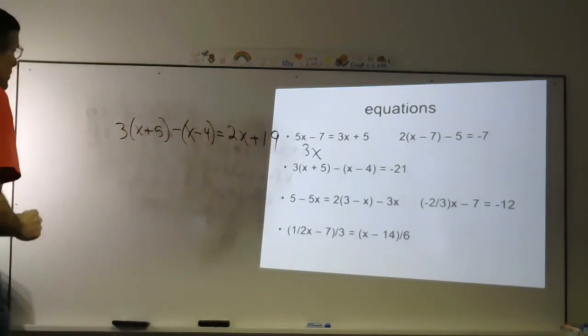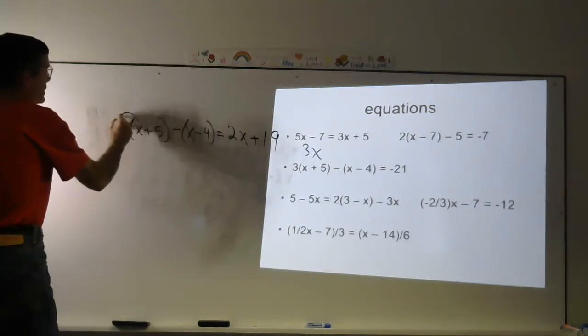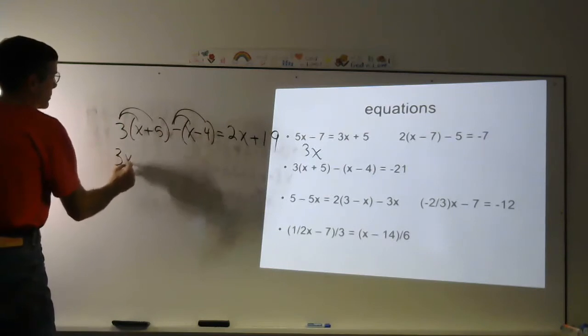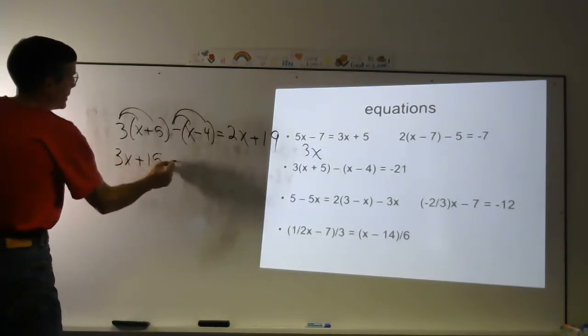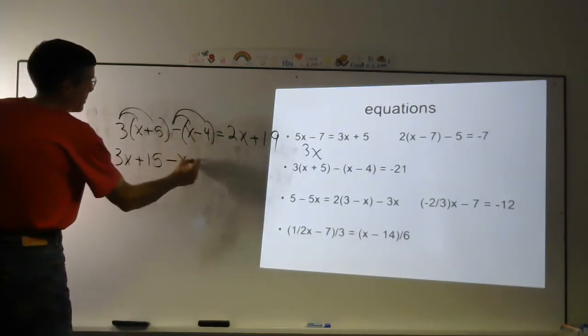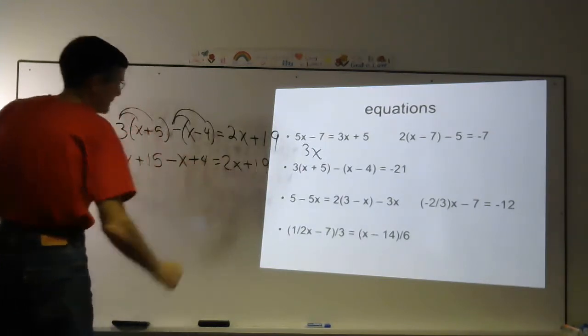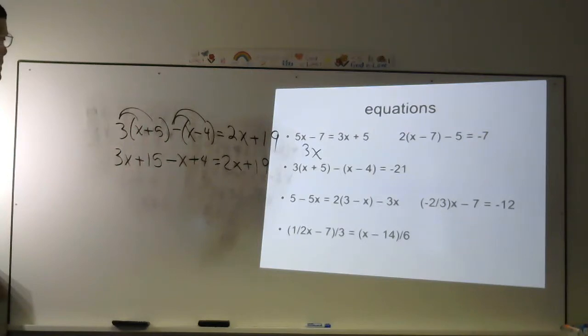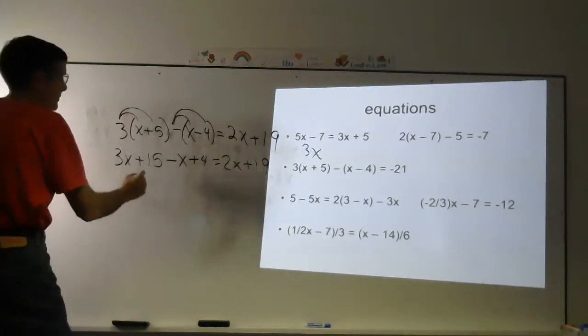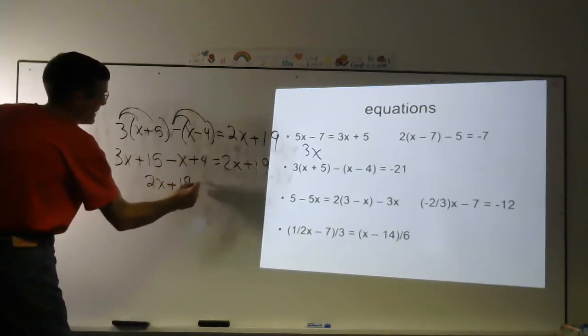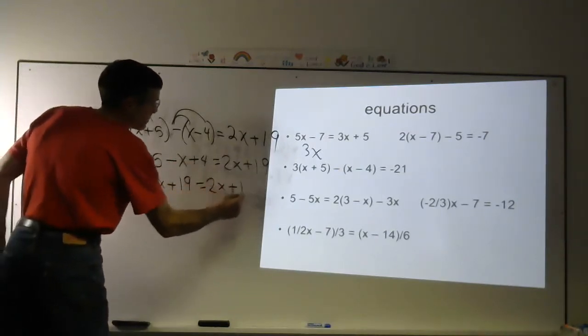Okay, let's see how that works out. You've got to take the 3 into both parts, take the negative sign into both parts. I get 3x plus 15 minus x, and a positive 4 is 2x plus 19. Okay, 3x minus x is 2x. 15 plus 4 is 19 equals 2x plus 19.